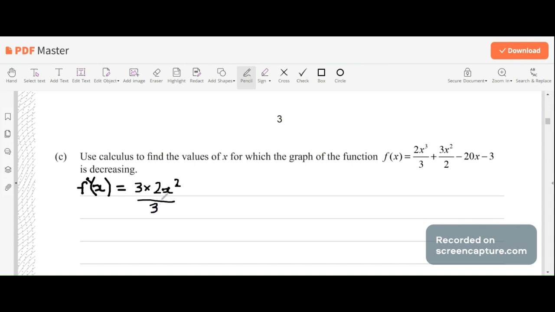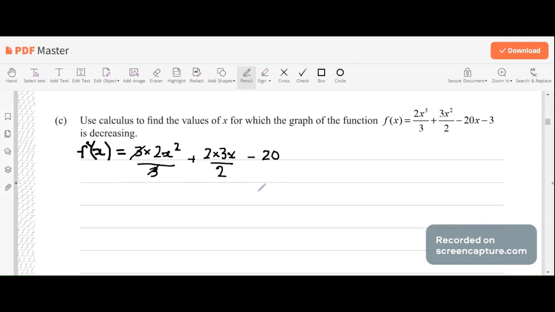As you see, those are going to cancel. We'll come back to that. 2 times 3x divided by 2 minus 20. Okay, the 2's cancel as well there.